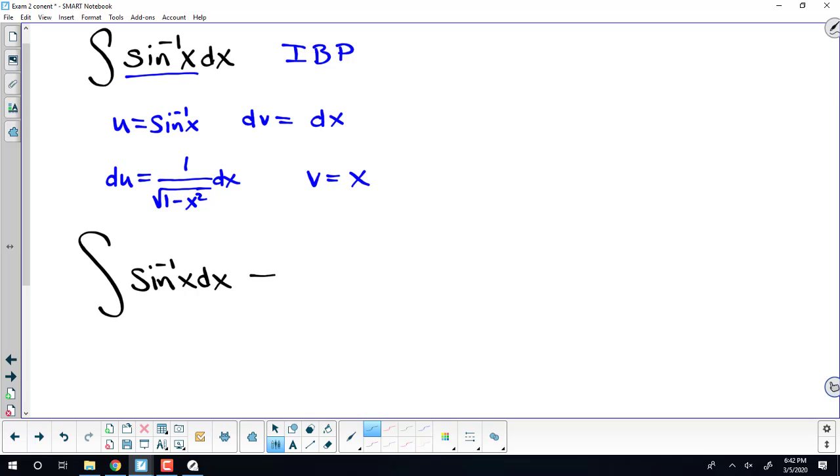Okay, so the original integral or antiderivative is u times v minus the integral of v du.